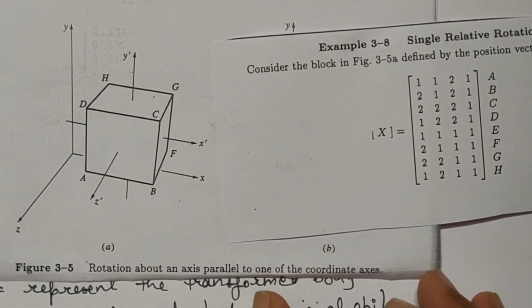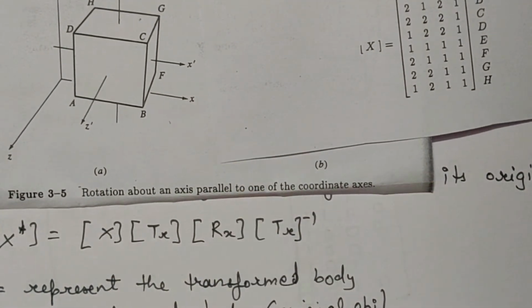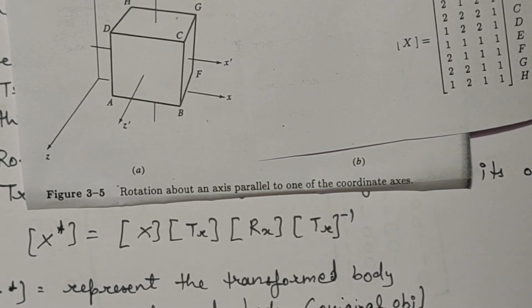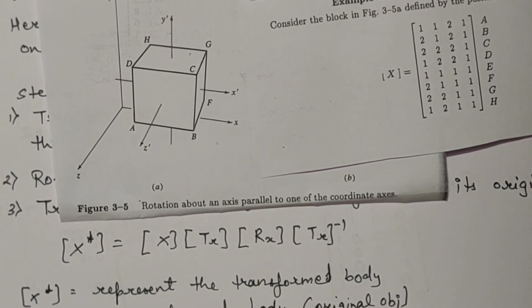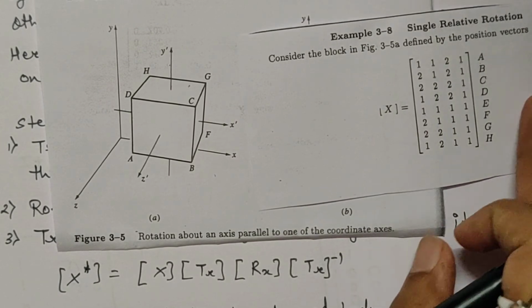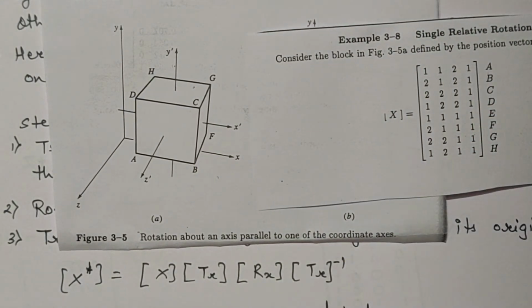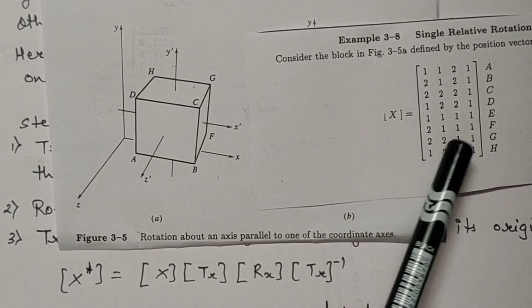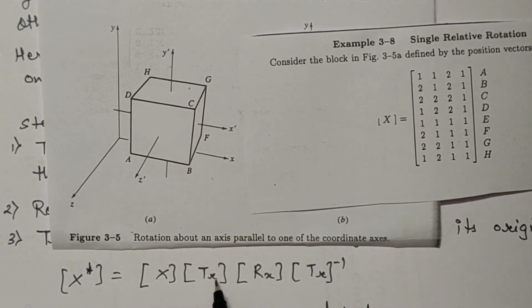As per the formula, we have to calculate the translation matrix, then the rotation matrix, and then the inverse of the translation matrix. Now we already have X. The three parameters remaining are the translation matrix, the rotation matrix along the x-axis, and the translation inverse. How will we calculate these?